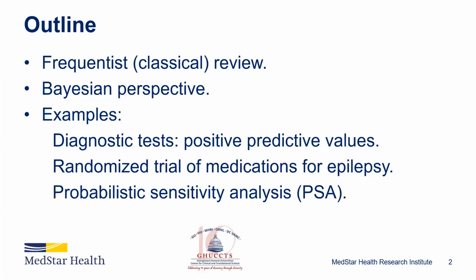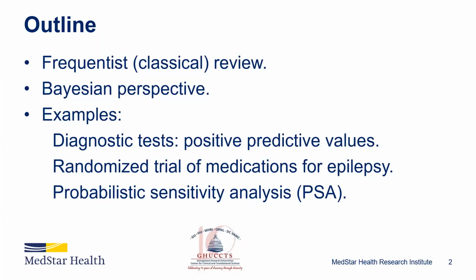So the first example we'll look at is a fairly simple, straightforward one where we look at a diagnostic test, and we're going to look at how you compute predictive values, both positive and negative. Then we'll look at a randomized trial, a published randomized trial of medications for epilepsy.